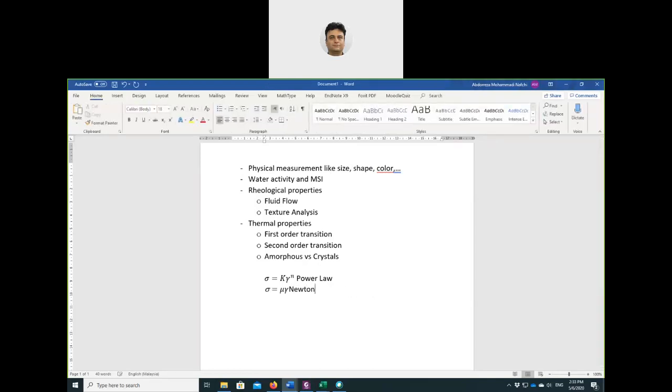Okay, this model is Newtonian and this model is power law.